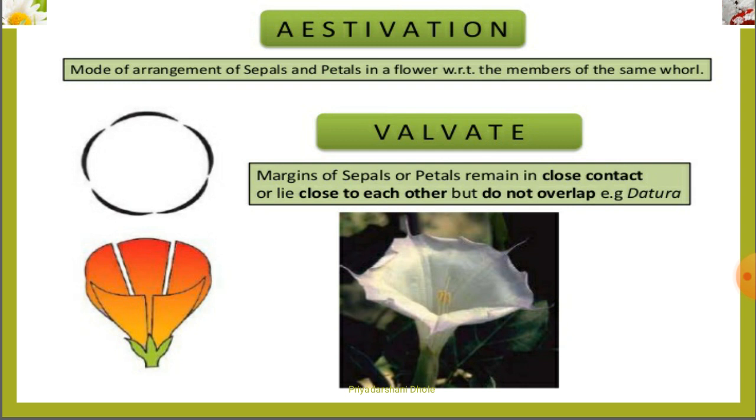You can see in this photograph the margins of sepals or petals remain in close contact or lie close to each other but do not overlap, which is called valvate aestivation. Example is datura.